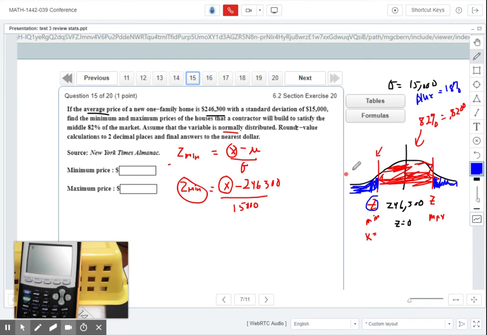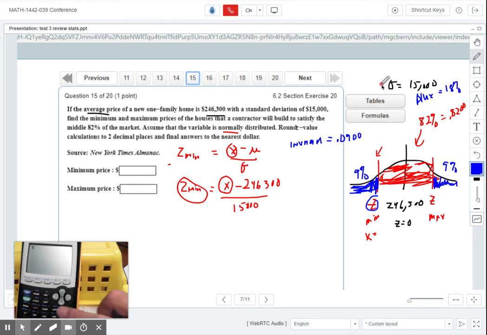If you add the blues up, you get 18%, so each blue is 9%. If I can find the z-value for 9%, I'm going to go to inverse norm again and put in 9%. The way to write 9% in decimal form is 0.0900. That's 9%, 0.09.